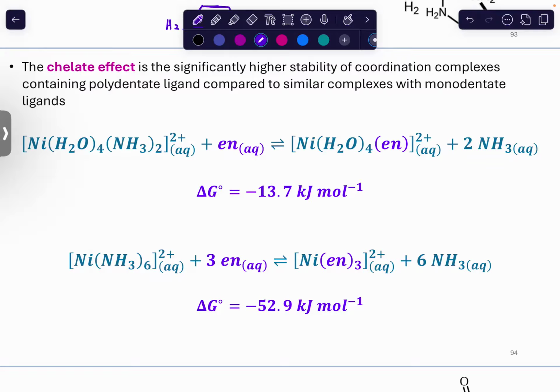But when we put in three of the ethane diamine ligands, it drops to a delta G of negative 53. So you can see that these polydentate ligands are causing quite a bit of stability.